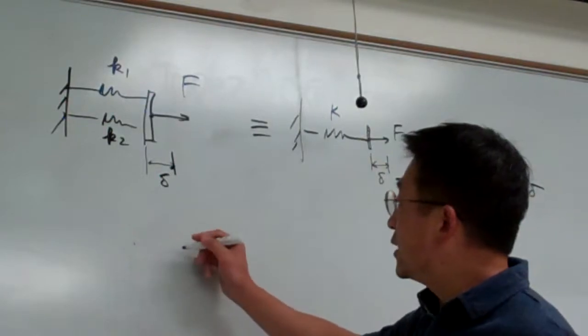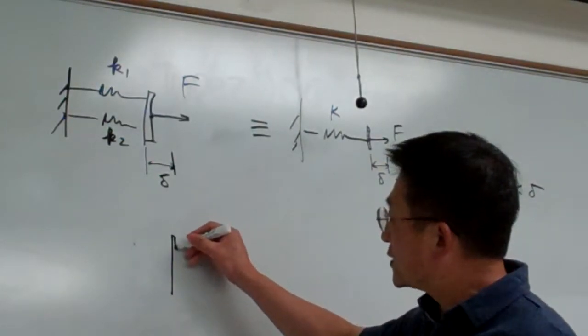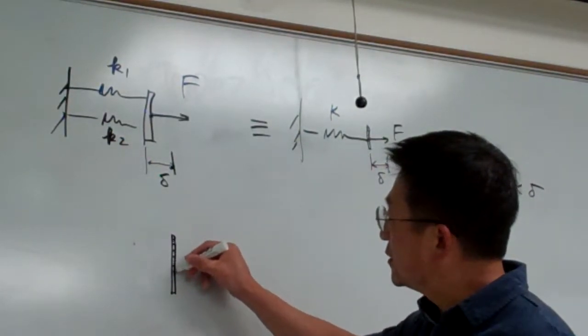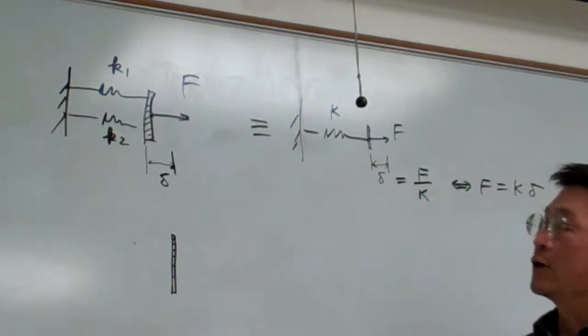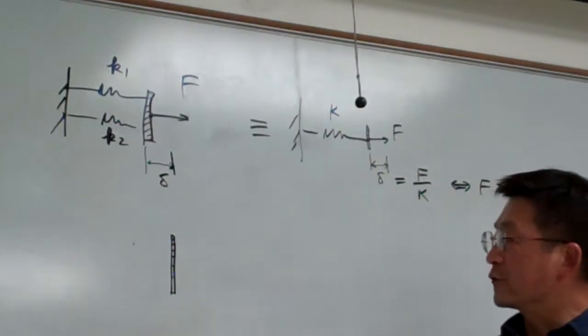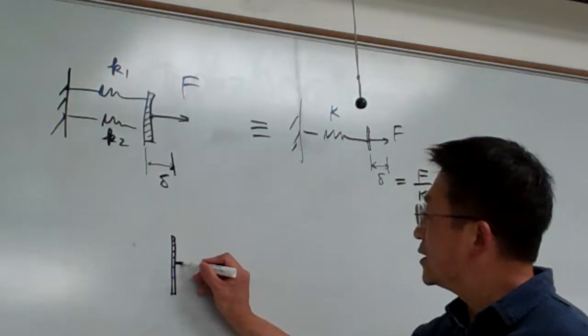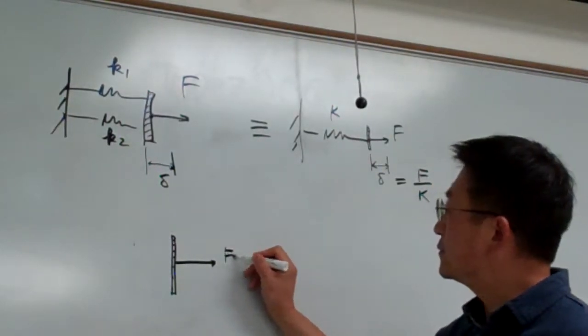So under these situations, I take the free body diagram of this plate. This is the no mass and rigid plate. So that's the free body diagram. Here you can see this is the F we applied.